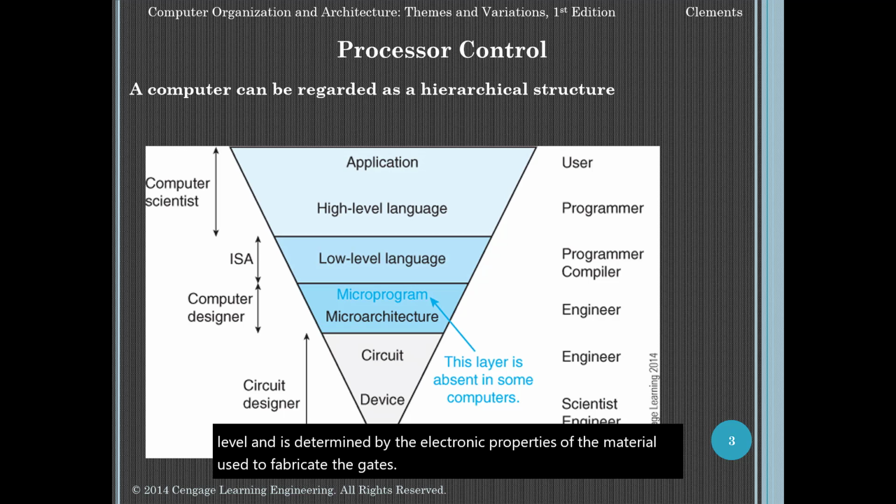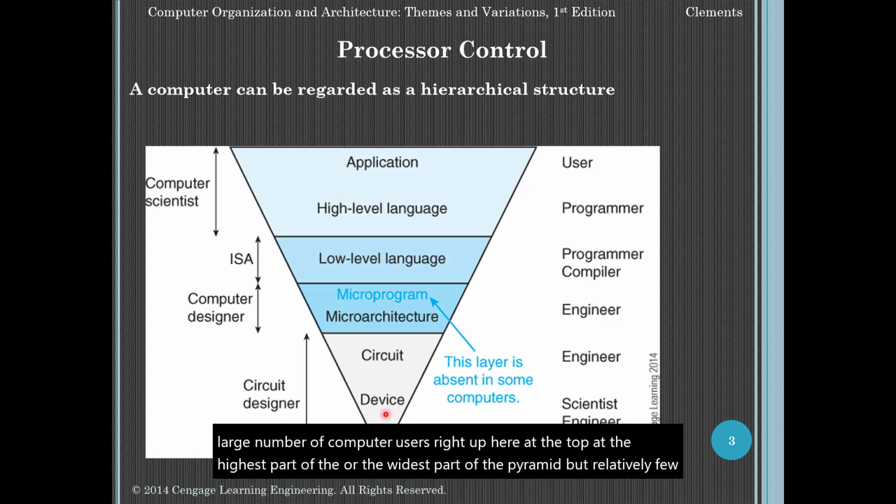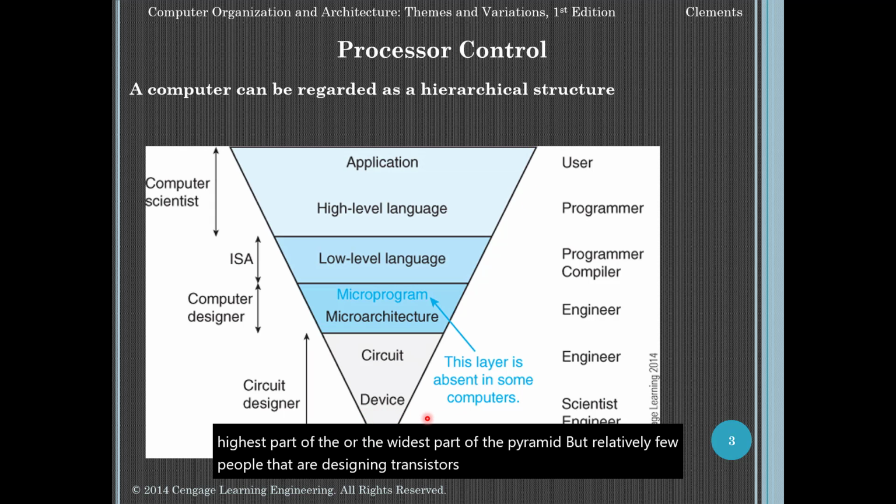And so really this diagram illustrates these levels and those concerned with them, and it's an inverted pyramid representing the relative numbers of those involved with each level, because we have a very large number of computer users right up here at the top, the widest part of the pyramid, but relatively few people designing transistors right down at this level.